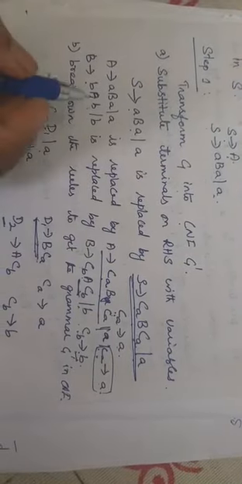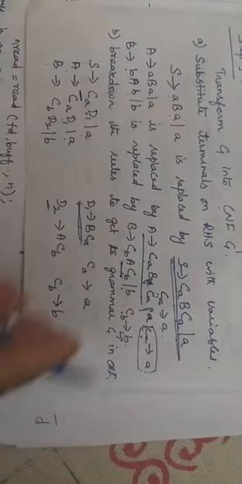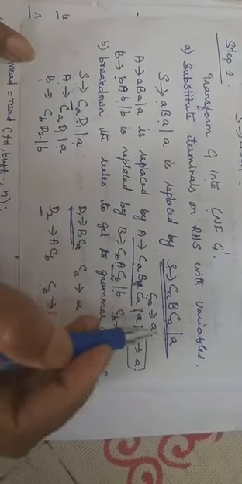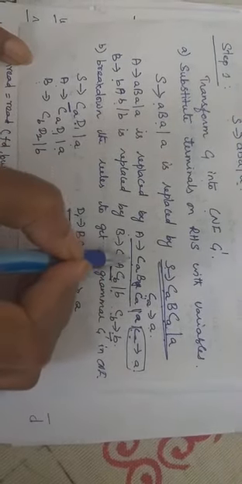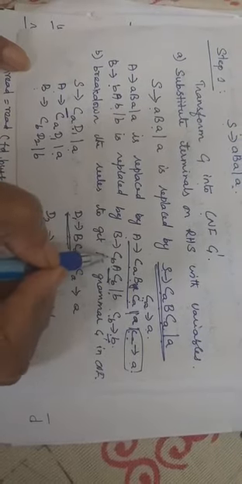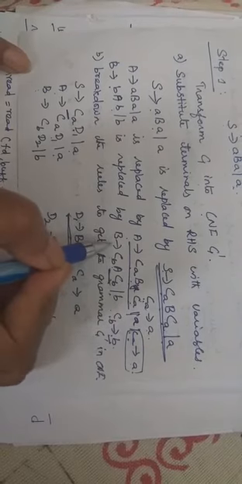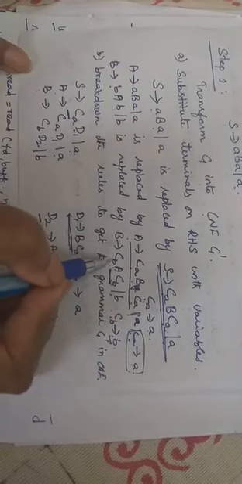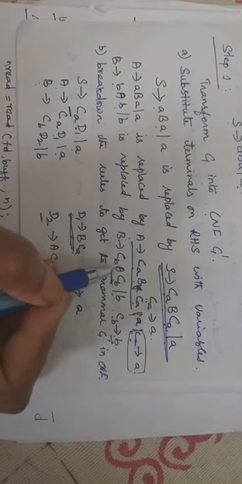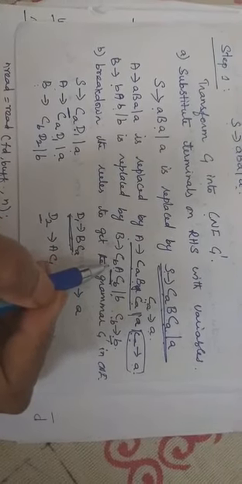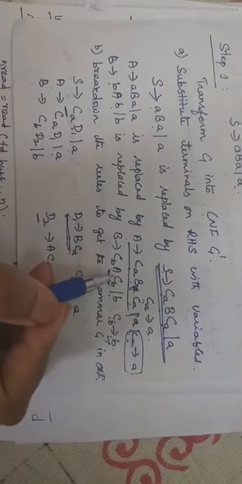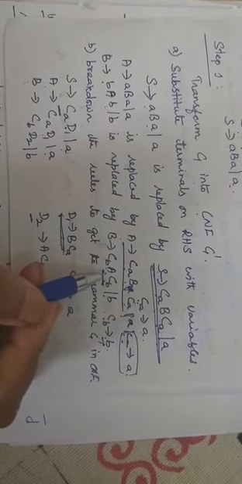So now you have S as Ca B A or Ca B A, A as Ca B A, and B as Cb A Cb. Now on the right hand side you can find 3 variables, but according to GNF the first one should be a terminal followed by any number of non-terminals.